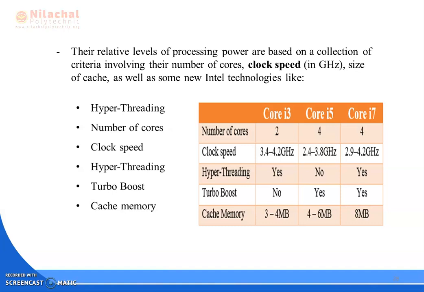And the maximum cache memory we can get is in the latest generation of processor, that is the core i7 processor, as compared to the older processors, that is 3rd generation and 5th generation processors.